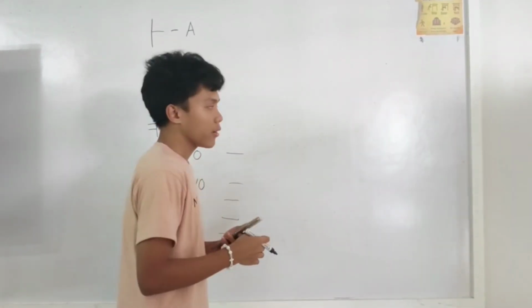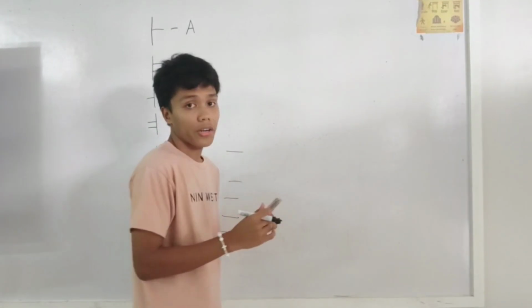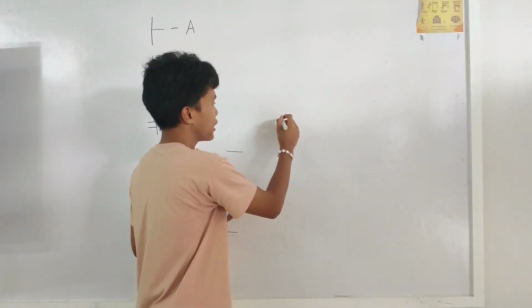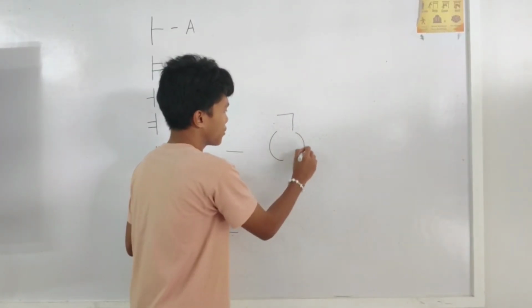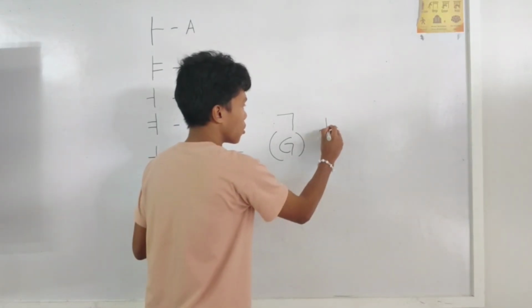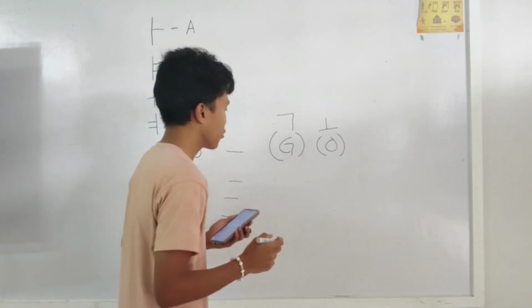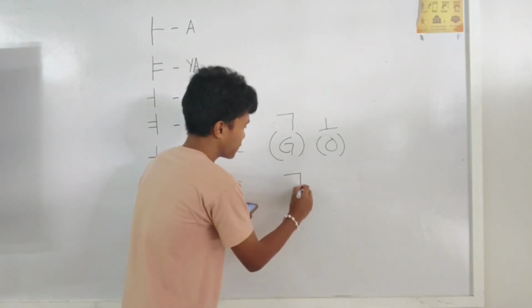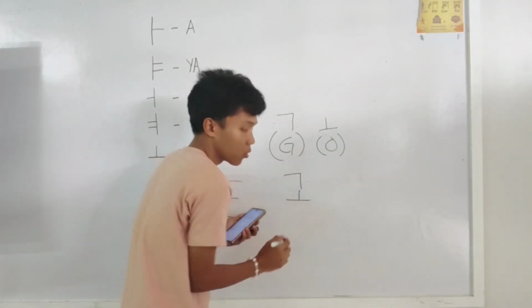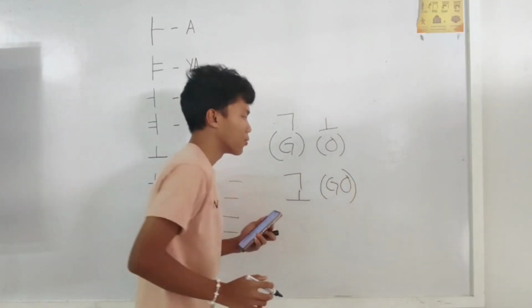We have the consonant G and the vowel O. We stack them together and we have the word go, which means go.